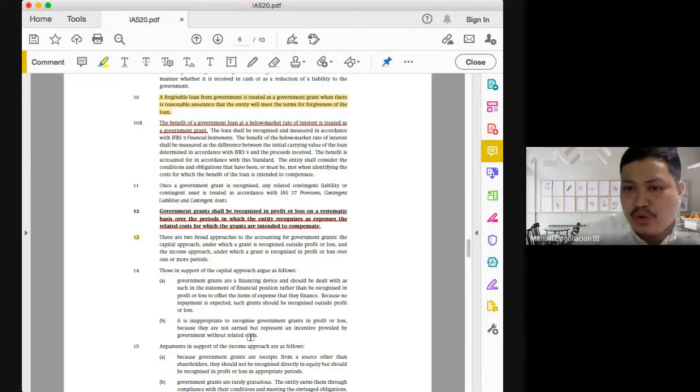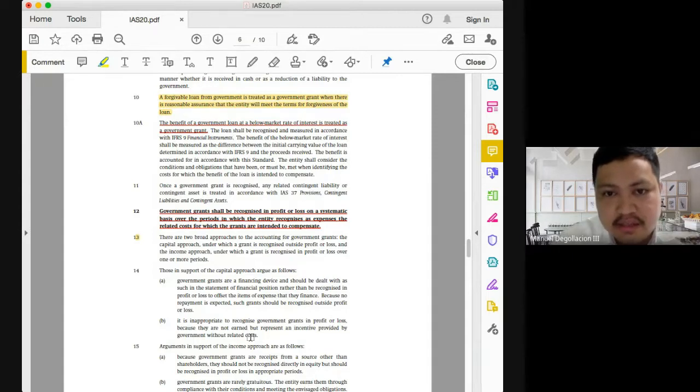Those two are the options available to us, which we'll discuss in a short while. Paragraph 12 tells us government grants shall be recognized in profit or loss on a systematic basis over the periods in which the entity recognizes as expense the related costs for which the grants are intended to compensate.